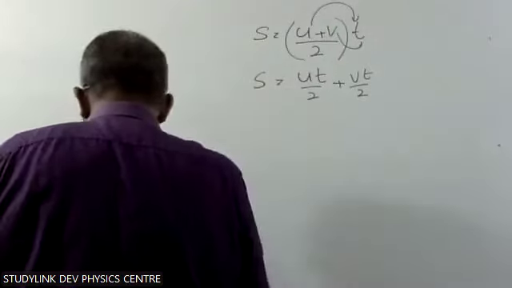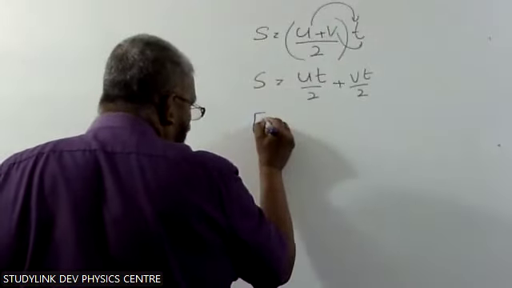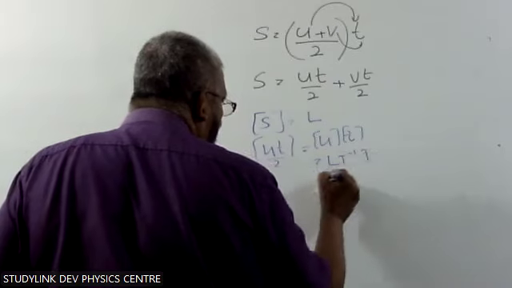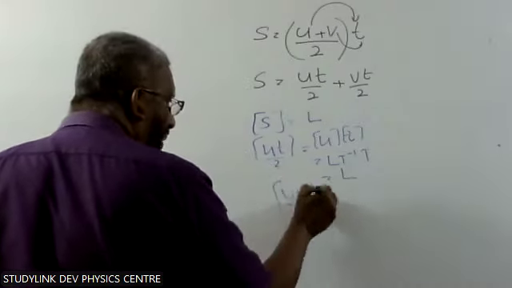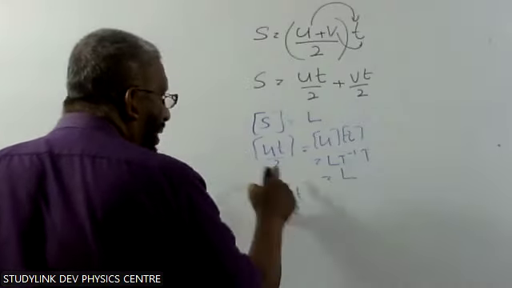Then you have to write dimensions of S, L. Dimensions of ut divided by 2. 2 we do not consider. Dimensions of u into dimensions of t. LT minus 1 into t. That is L. Vt over 2, there is no need to check because u is velocity, v is velocity.